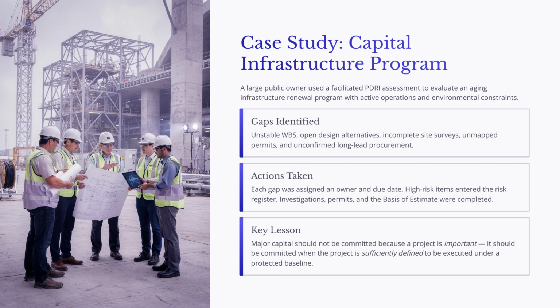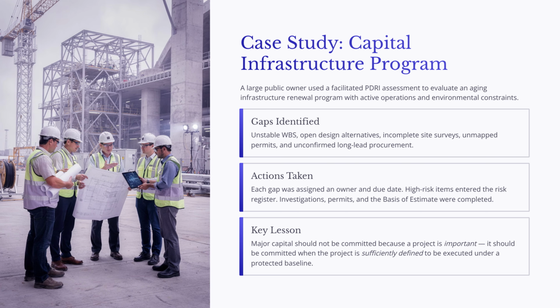The work breakdown structure was not stable enough to support cost coding and schedule control. Some design alternatives were still open. Site surveys and soil testing were incomplete. Permitting requirements had not been fully mapped, and the procurement strategy did not yet confirm critical long lead items.